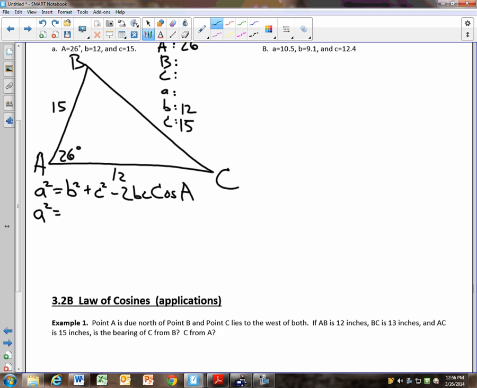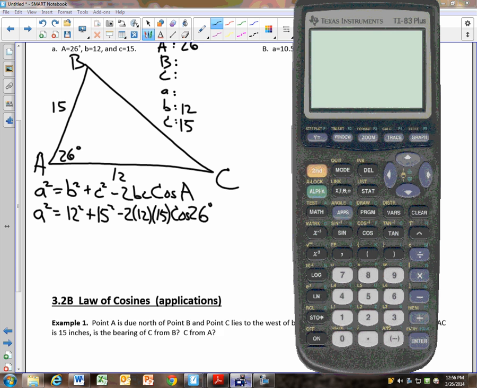A squared equals, B is 12, so we have 12 squared. C is 15, so we have 15 squared. Minus 2 times 12 times 15 times the cosine of 26. Grab your calculator. I've heard 3 or 4 people now that when they were doing their law of sines assignment, they weren't working in degrees, they were working in radians.